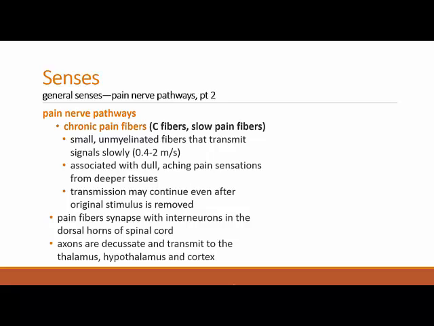And we associate the pain sensations carried along chronic pain fibers with dull and aching pain sensations. And even when you remove the original stimulus, they will continue to transmit pain signals for quite a while.